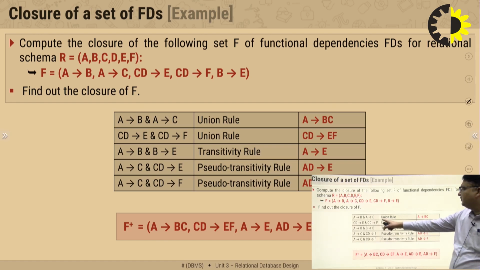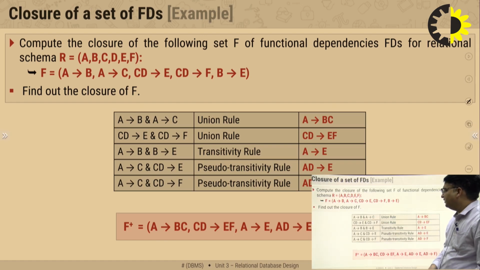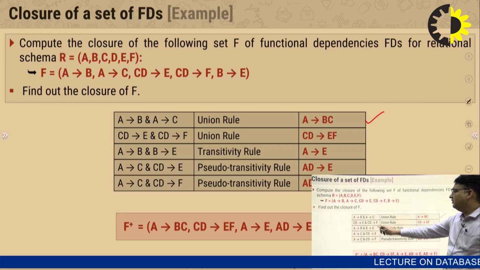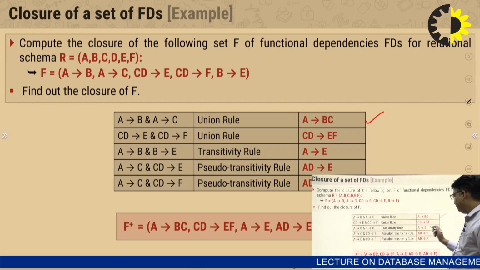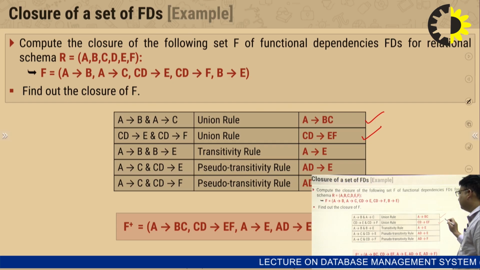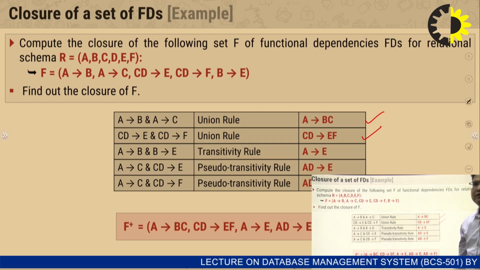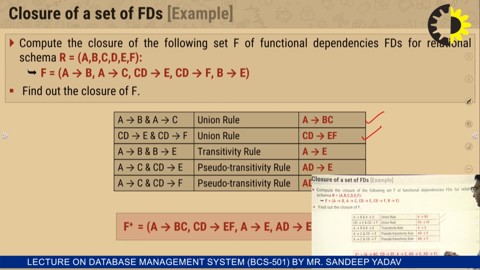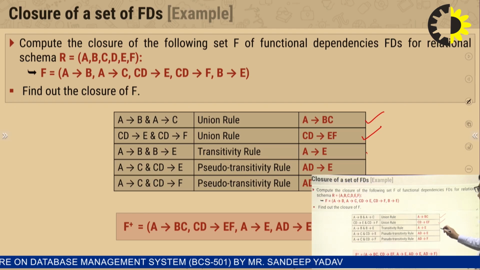A determines B and A determines C. Applying the union rule, first A determines BC. Now CD determines E and CD determines F, then second, CD determines EF by the application of the union rule. Third, A determines B and B determines E, then A determines E, that is the transitive rule.